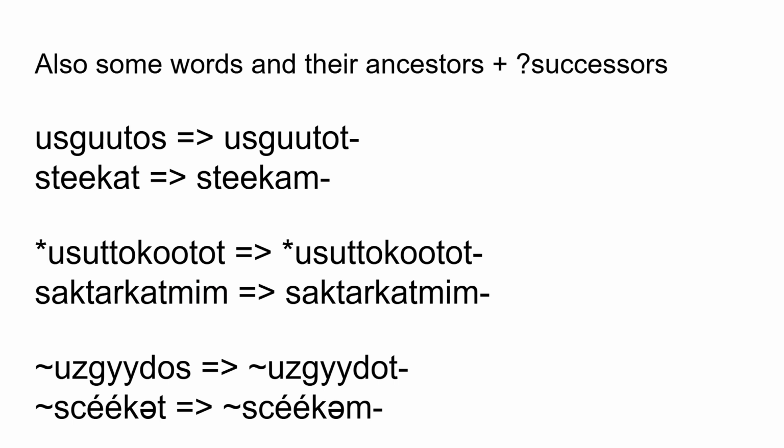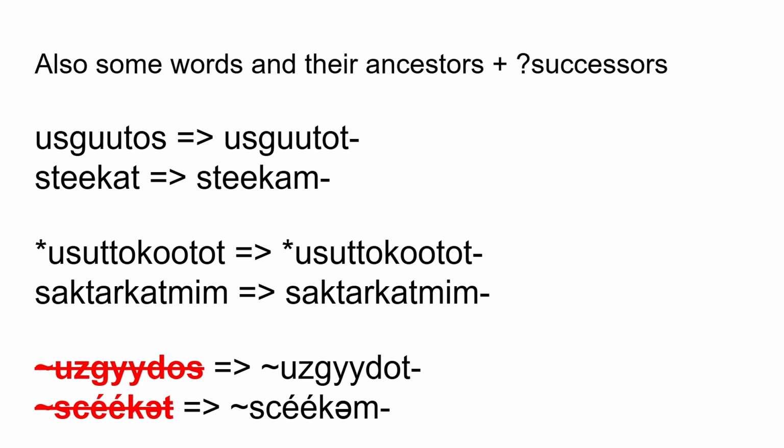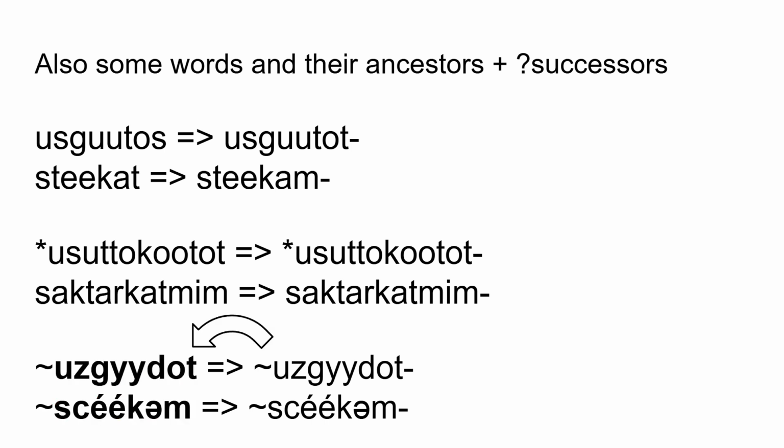In the future, this would also happen, apparently having usgüdos and stjekat. However, since many speakers are confusing the conjugation form and base form of words, it is very likely that they're going to discard the base form and replace it with the conjugation form, essentially irregularly, like developing a new base form. This also applies to some nouns, some other verbs, so this is not just only these two words.